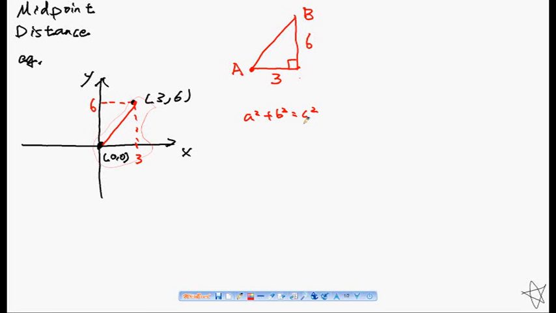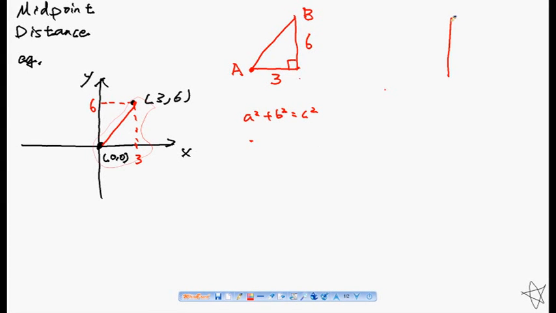You have to be very familiar with Pythagoras' theorem. I'll just write down the formula there.